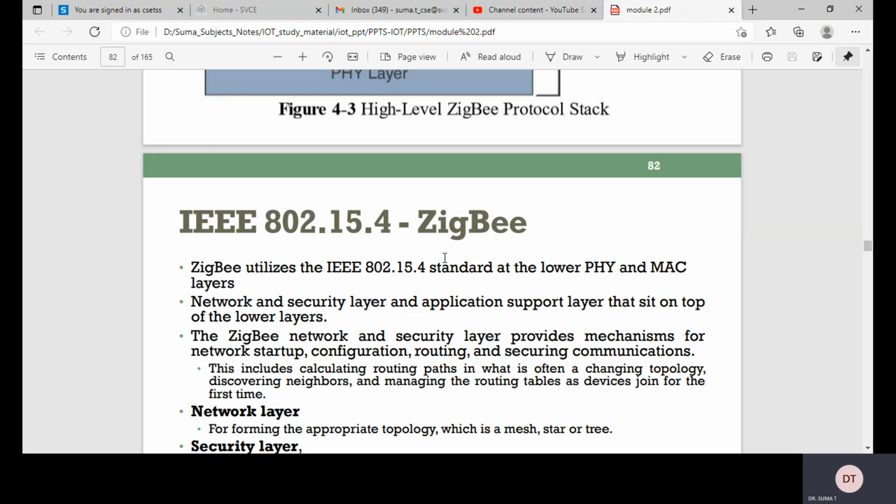So ZigBee has gone through several revisions. In the 2006 revision, command and message types were introduced, and the number was increased in 2007, for ZigBee to achieve different functions for devices such as metering, temperature, or lighting control.